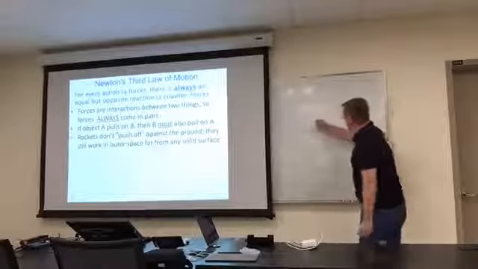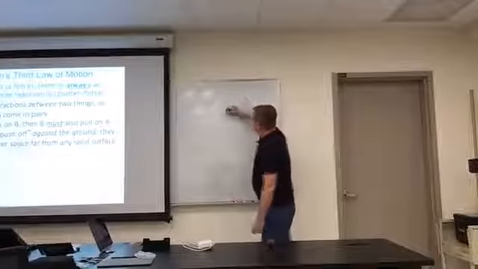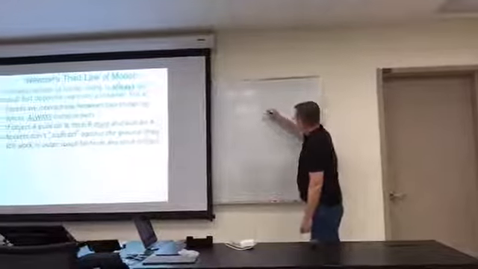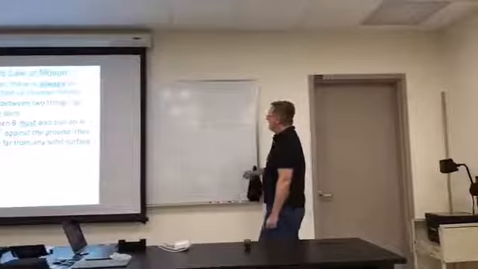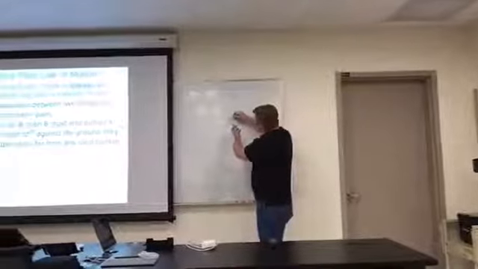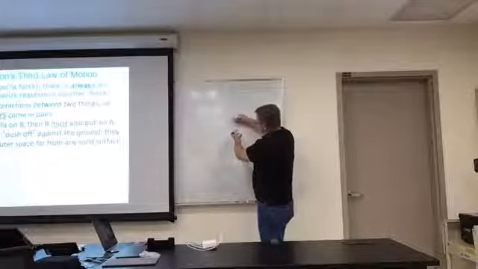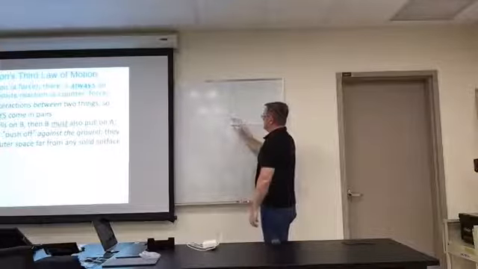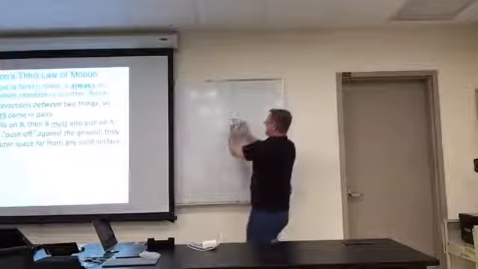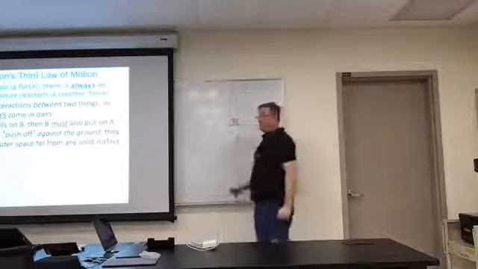They'll draw the ground. They'll draw maybe a cartoon rocket. And they'll say, well, the rocket burns the fuel and the exhaust comes flying out and the exhaust pushes off against the ground and that makes the rocket go up in the air.